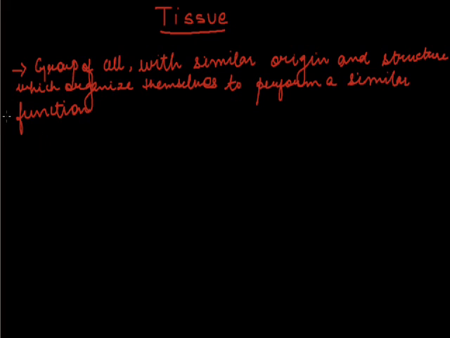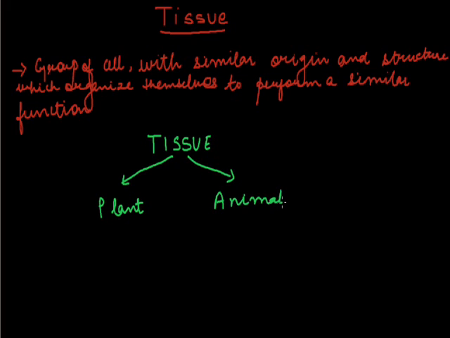We can broadly classify tissue into the plant tissue and the animal tissue. This classification of the tissue into plant tissue and animal tissue is based on several factors which we will study in brief here.